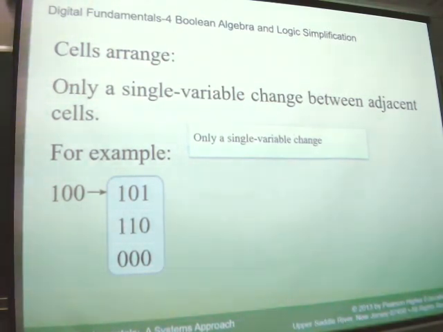So with three variables, there are three product terms adjacent to each cell. For 1, 0, 0, the adjacent cells are 1, 0, 1, 1, 1, 0, and 0, 0, 0.